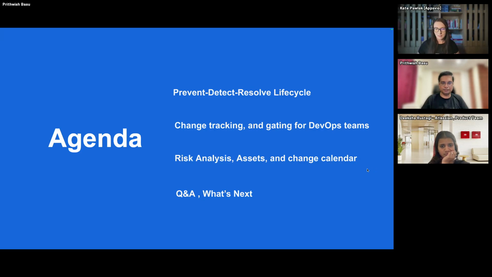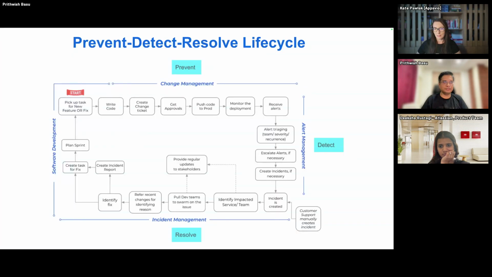And now let's start with a quick reminder about the prevent, detect, resolve lifecycle. If you participated in previous sessions, I'm pretty sure that you know this diagram, but a short reminder. In the first session, we talked about the detect phase, where effective alert management makes all the difference.